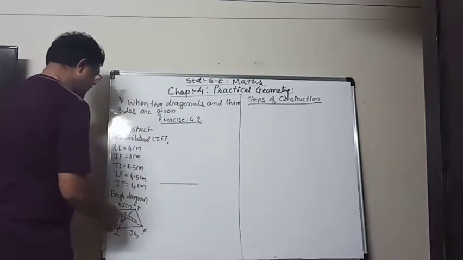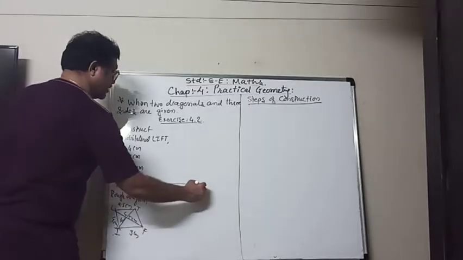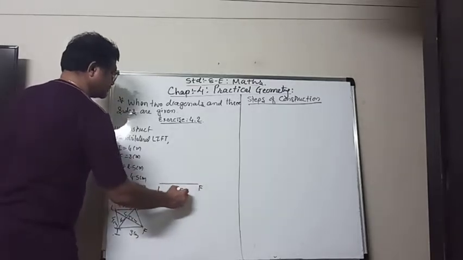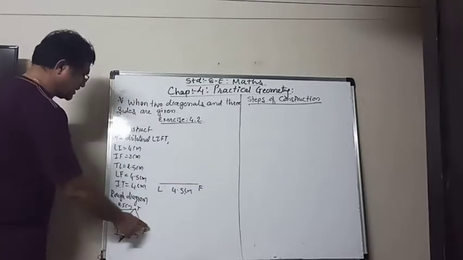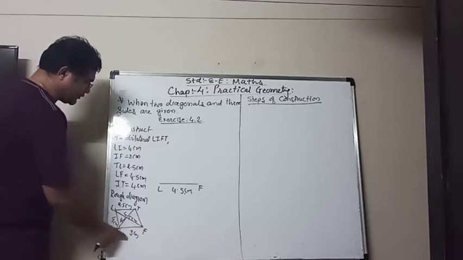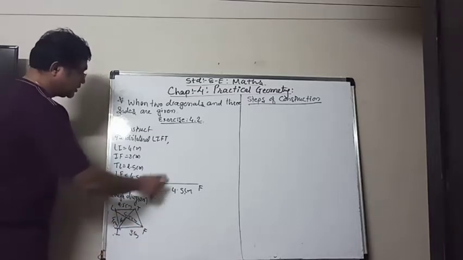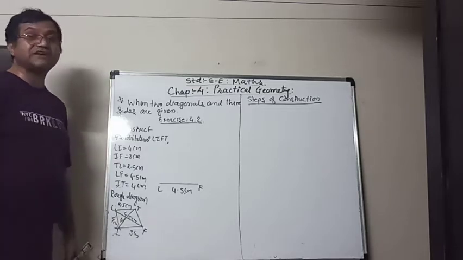So here is my 18 centimeter LF, but yours is 4.5 centimeter. Now the sides are given. So from L I will take 4 centimeter and from F 3 centimeter to get I on the top. 4 means 4 4s are 16.